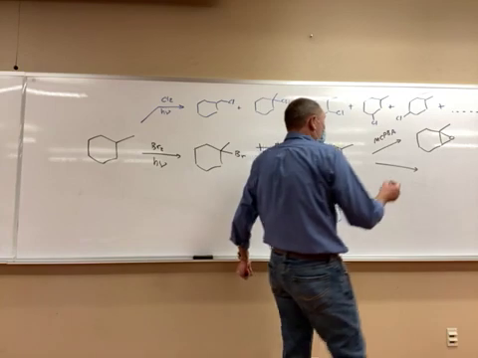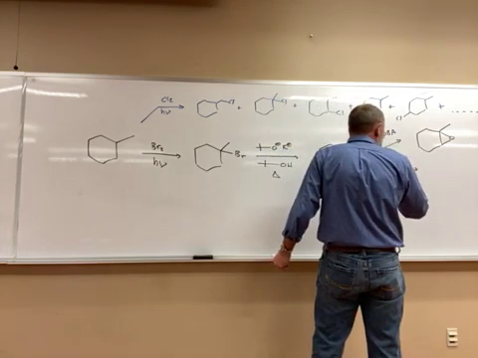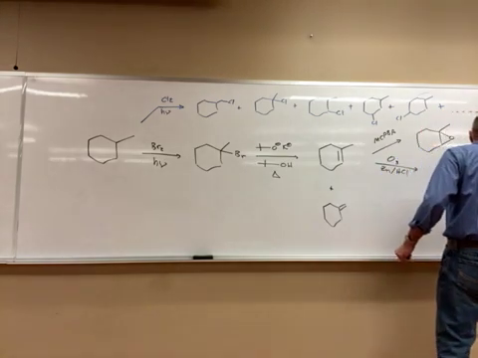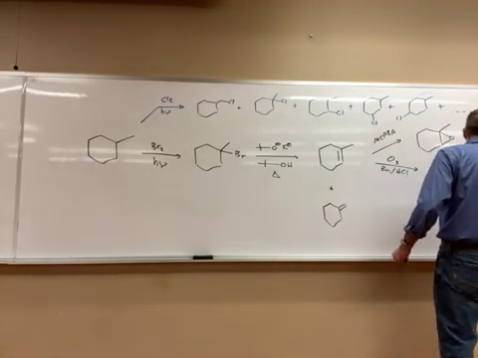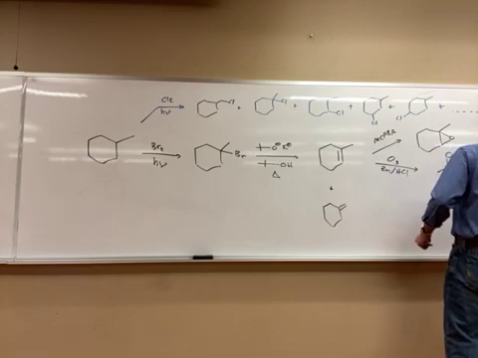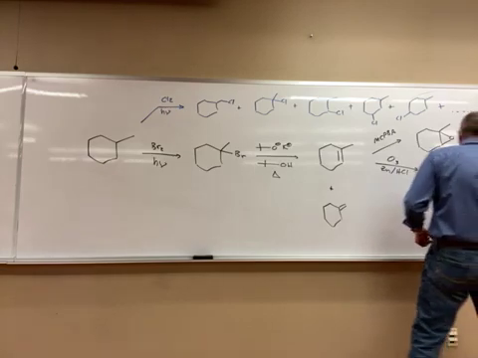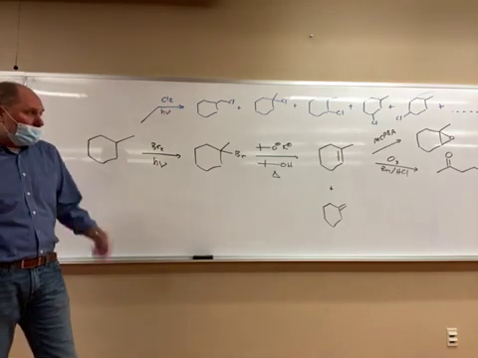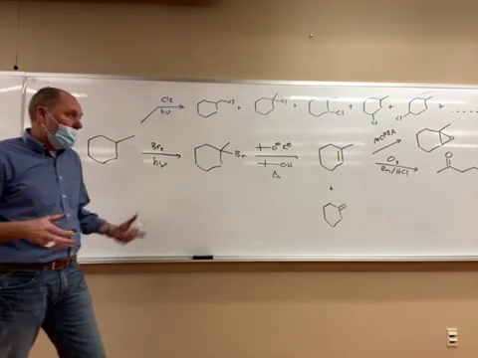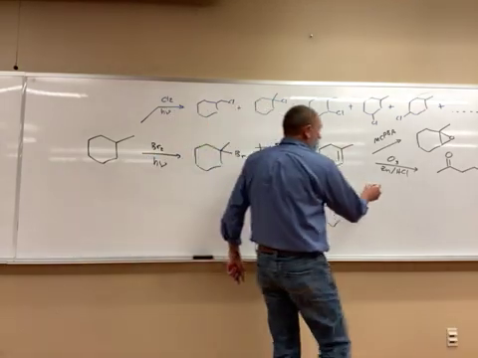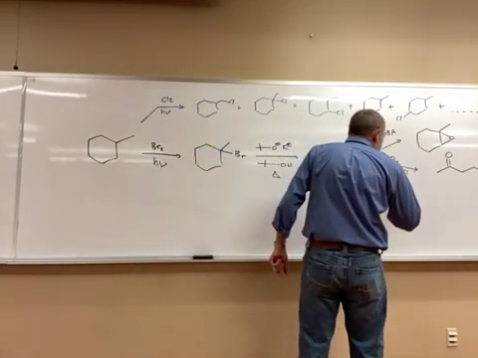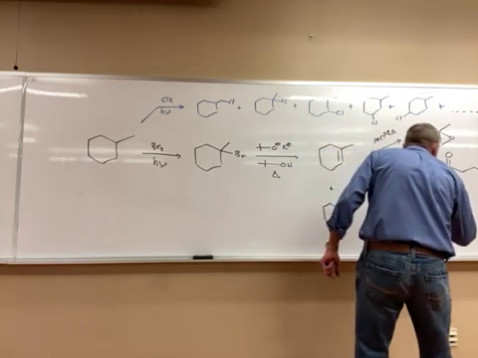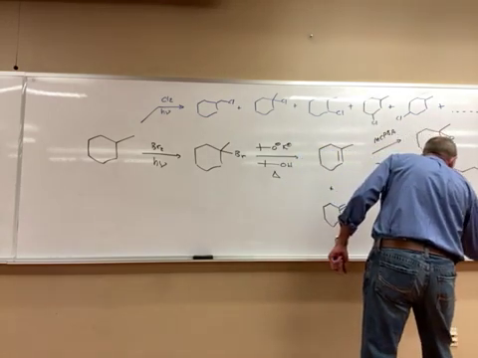We could hit this with ozone under reducing conditions. And we could form this. Isn't that kind of cool? Et cetera, et cetera. There's a lot of other different reactions you could go do from an alkene. We could hit it with osmium tetroxide, some base, and form the vicinal diol.